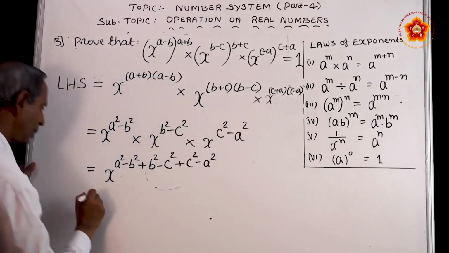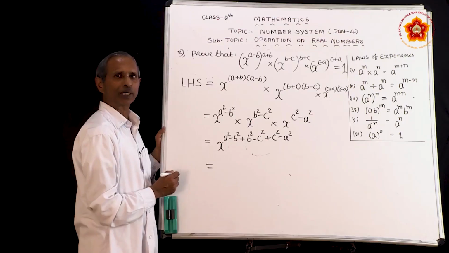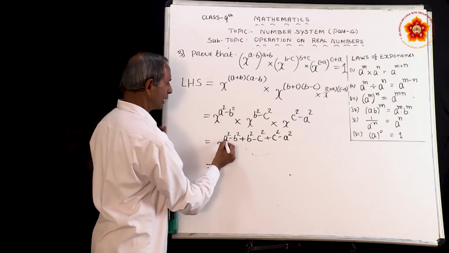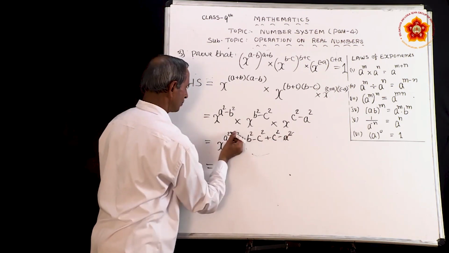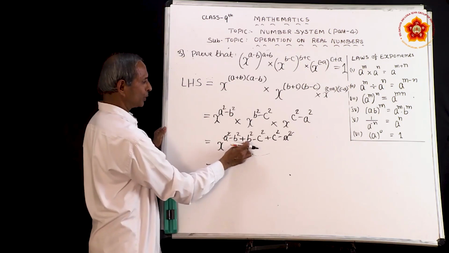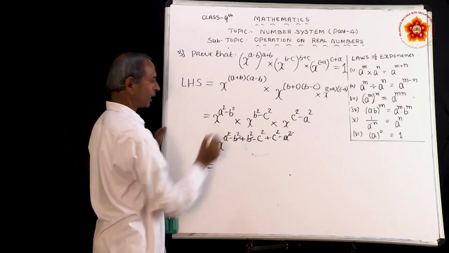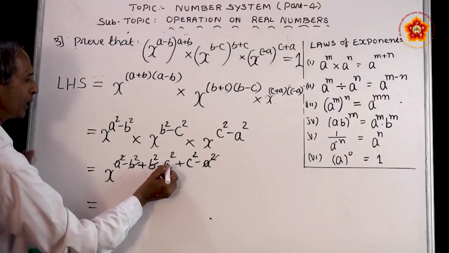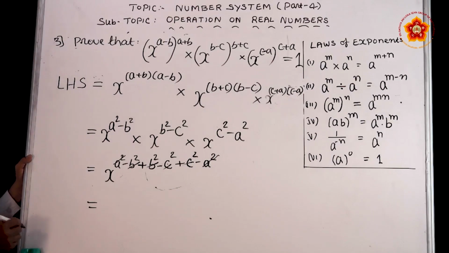Now you can cancel: when there is an opposite sign you can cut off. Here plus a square is there, here minus a square is there, you can cut them off. Similarly, here plus b square is there, here minus b square is there, both can be cut off. Similarly, c square is there and minus c square is there, you can cut that off also.